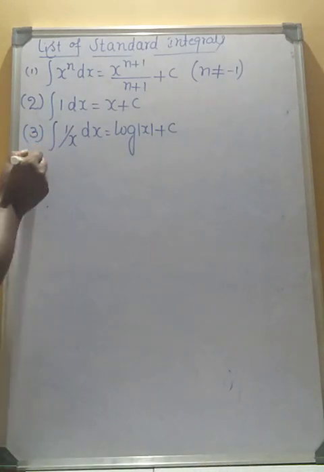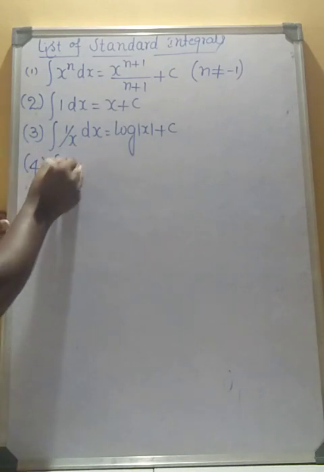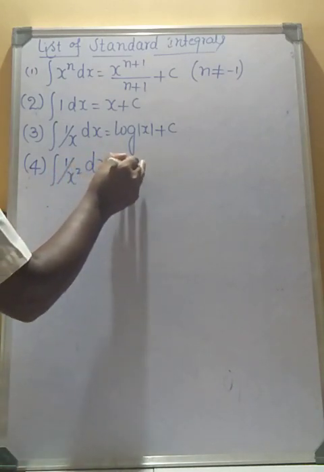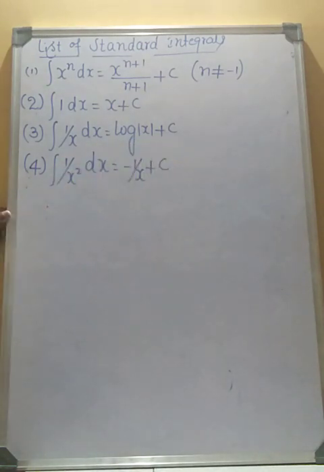The next, integral of 1 by x square into dx is equal to minus 1 by x plus c.